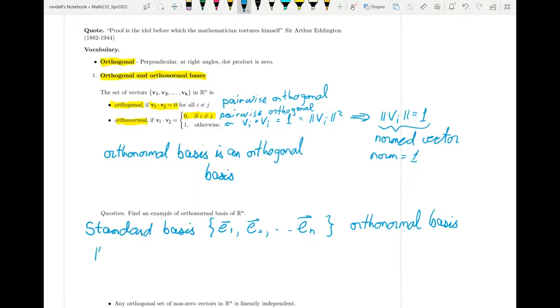For example, in R3, we'd have (1, 0, 0), (0, 1, 0), (0, 0, 1). Okay, so it's easy to see for the standard bases that they're pairwise orthogonal. The dot products are 0 pairwise, but the dot products with themselves are 1. Their norm is 1.